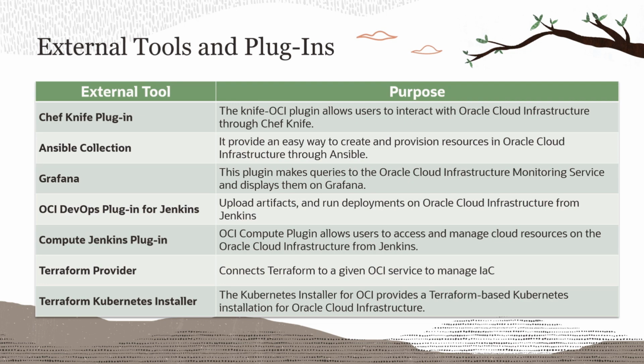Similarly, we have a Compute Jenkins plugin that allows users to access and manage cloud resources on OCI through their external Jenkins tools. We have the Terraform provider that helps you connect Terraform to a given OCI service in order to manage infrastructure as code. Also, we have a Terraform Kubernetes installer that helps you manage Kubernetes installation on the OCI infrastructure through Terraform scripts.